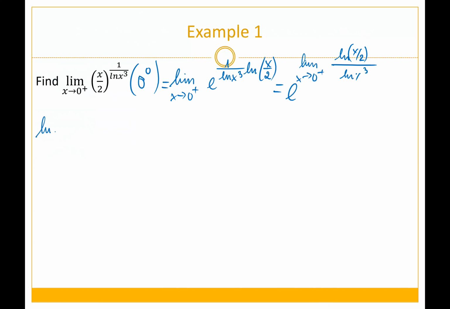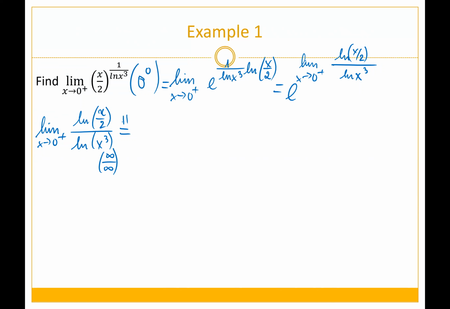Let's find the limit as x approaches 0 plus of ln(x/2) divided by ln of x cubed. Plugging in, now you have infinity over infinity, so you have a quotient already.